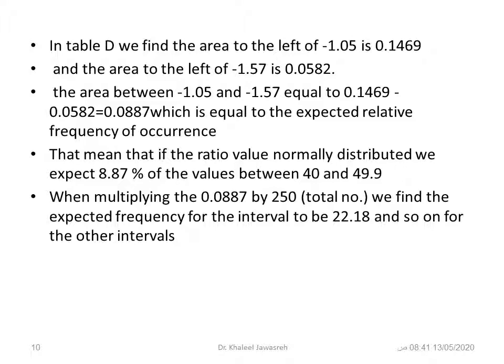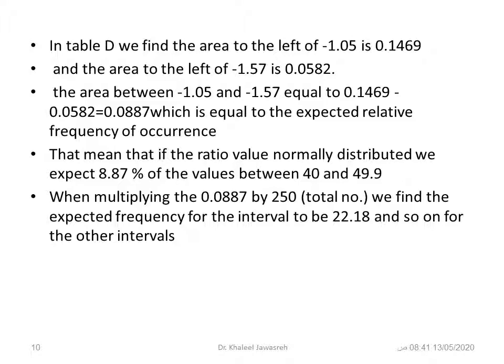In table D, if you return back to the textbook that I have uploaded in the e-learning system, we will find the area to the left of minus 1.05 is 0.1469, and the area to the left of minus 1.57 is 0.0582.